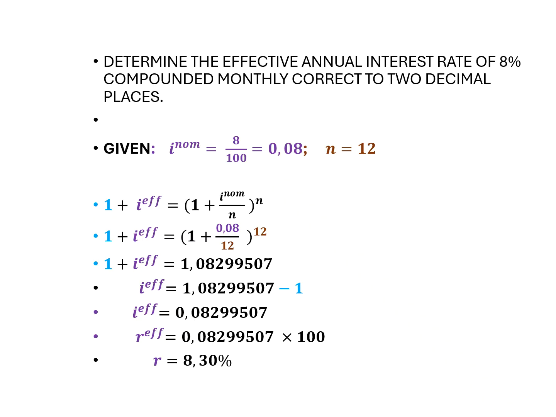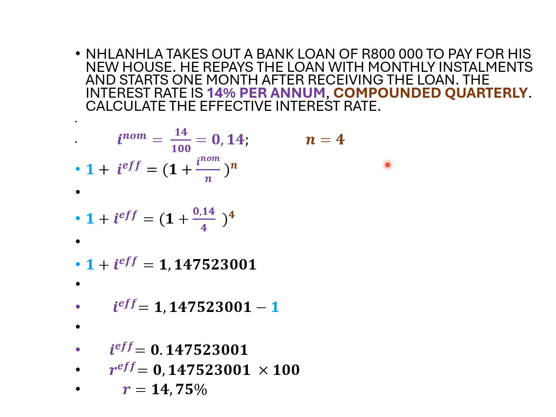Right, let's look at the next problem. Nhlanhla takes out a bank loan of 800,000 to pay for his new house. He repays the loan with monthly installments and starts 1 month after receiving the loan. The interest rate is 14% per annum, that's the nominal rate, compounded quarterly. Calculate the effective interest rate.